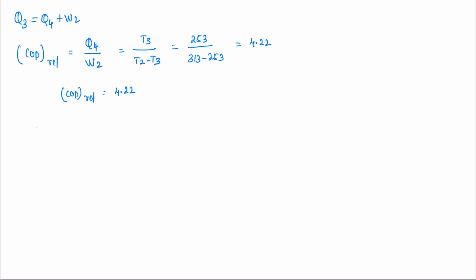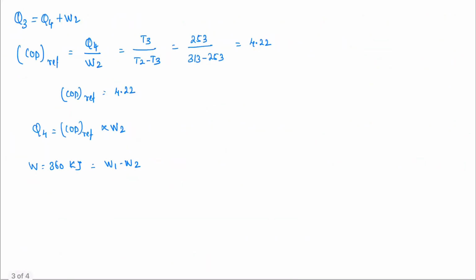In order to find the value of Q4, Q4 is equal to the COP of the refrigerator times W2, so we have to find the value of W2. The value of W2 is also unknown. But we have the combined work output W equal to 360 kilojoule, which is W1 minus W2.